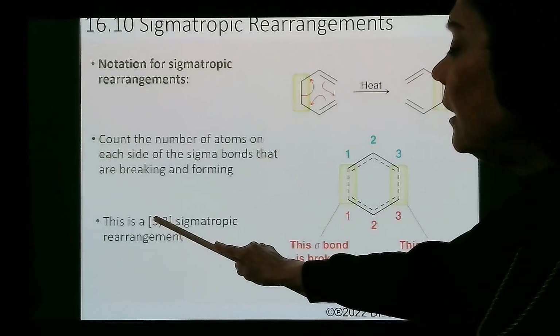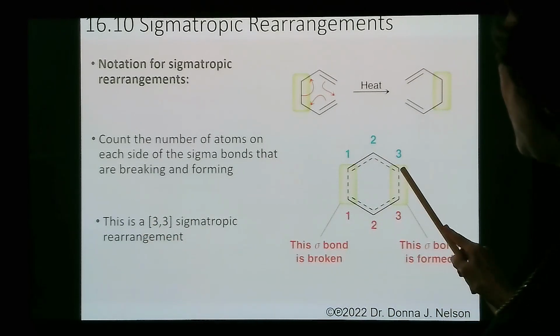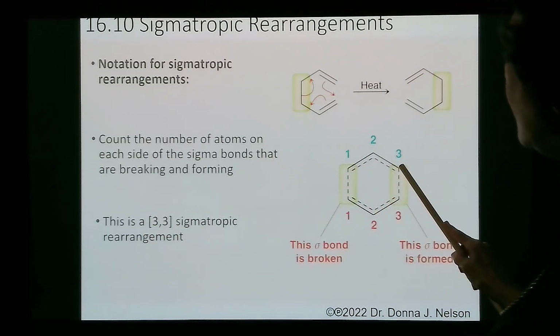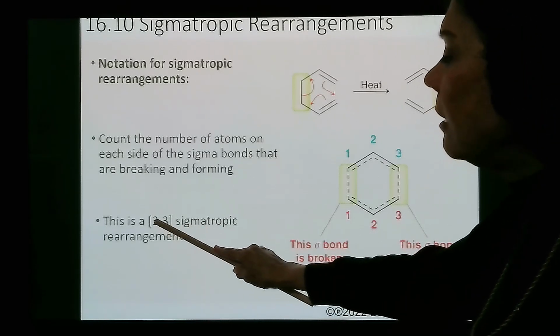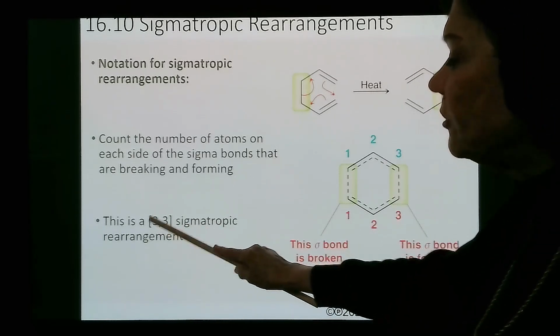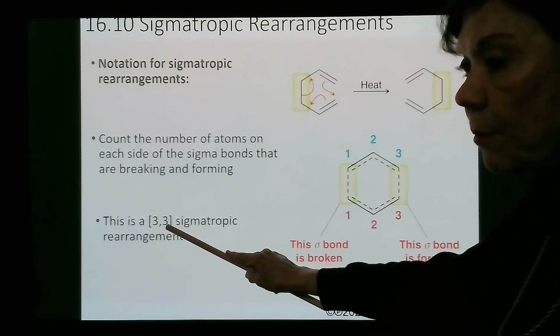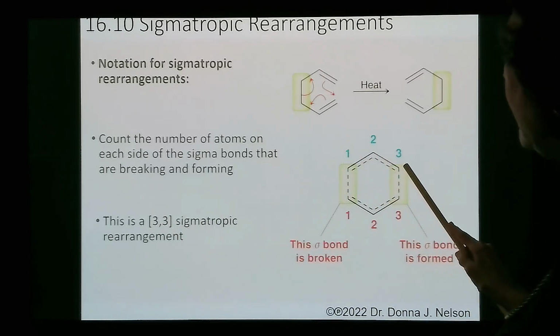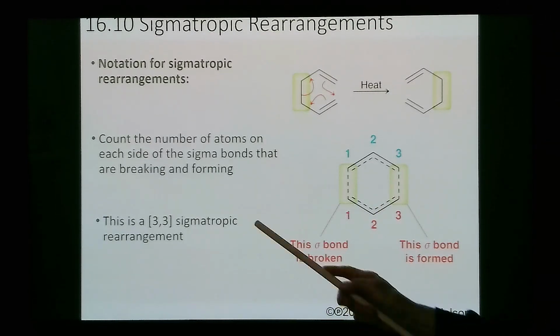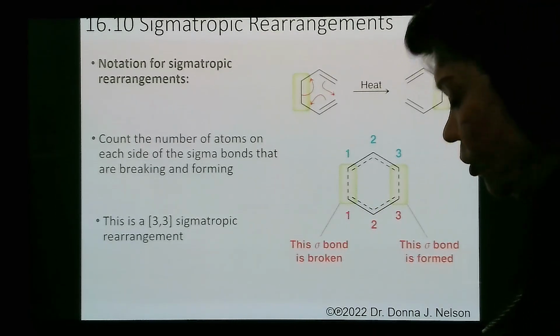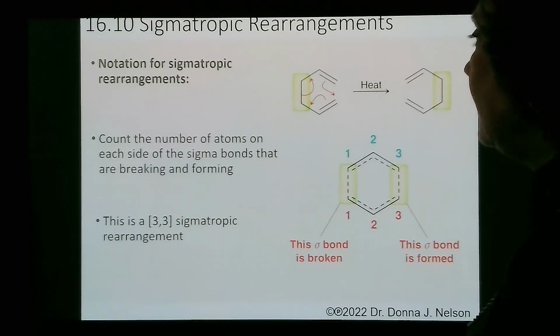And so the 3 tells how far down the pi system the sigma bond migrated. So this tells you that it migrated 3 carbons down 1 pi system and 3 carbons down the other pi system. 1, 2, 3, 1, 2, 3. And so that shows the terminology of the sigmatropic rearrangement.